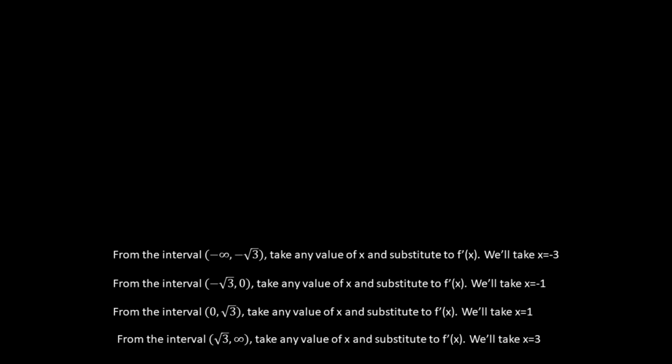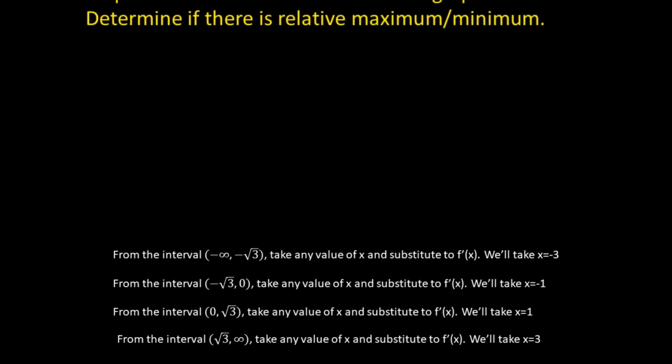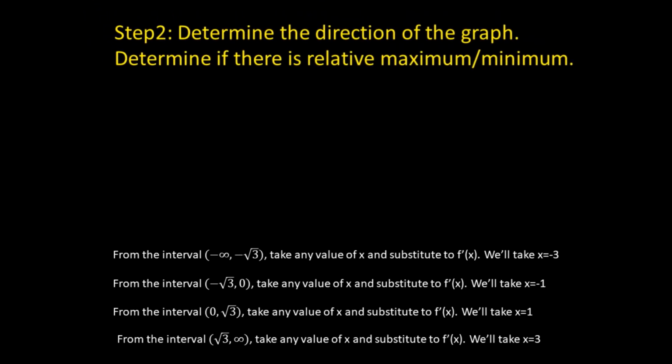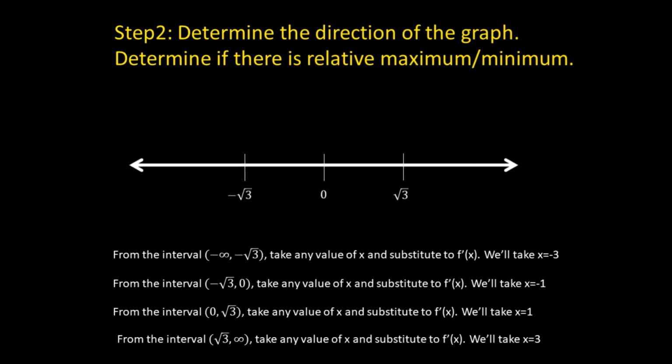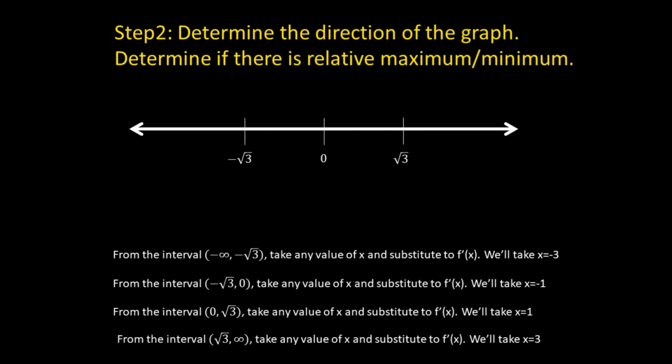For step 2, let us determine the direction of the graph and determine if there is a relative maximum or minimum. We have the number line with the critical points negative square root of 3, 0, and square root of 3. From the interval negative infinity to negative square root of 3, take any value of x and substitute to f prime of x.